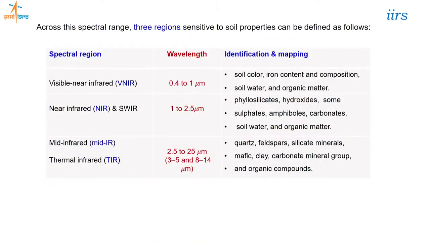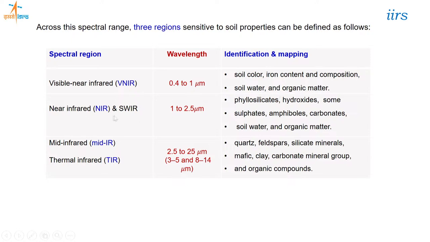There are three spectral regions which we study using remote sensing data, and they are sensitive to soil properties. One is the visible and near infrared region, which is 0.4 to 1 micrometer, and this is used for characterizing soil color, iron content and composition, soil water, and organic matter.